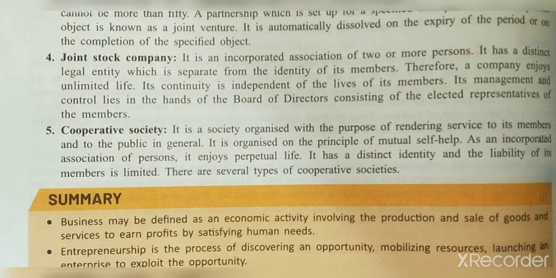The next we have is cooperative societies. In the cooperative society, as you already know, it is a society organized with the purpose of rendering service to its members and to the public in general. It is organized on the principle of mutual self-help as an incorporated association of persons.